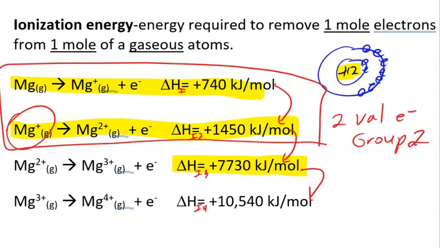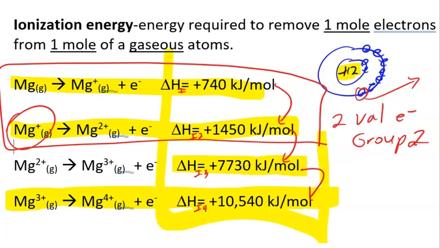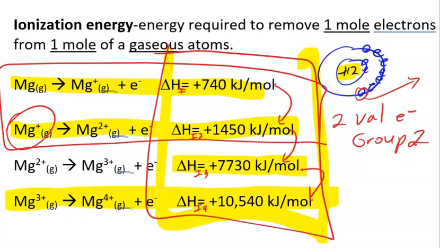And again, if you remove yet one more, you're still removing it from a core, so it's still going to be a very large energy. However, you'll have even less electron repulsion, so the energy amount does increase yet once again. But again, if I give you just a set of ionization energies, you can determine what group it's in by looking at the jump in energy values.